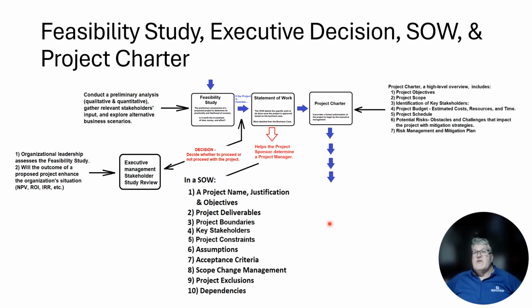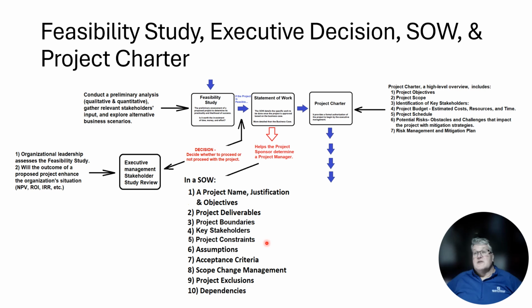So a service provider can provide a number of things, and they might want to say, oh, well, we can do this, but we can offer you more. That would be something to consider, and it might be something to say, no, we don't need that in the project. You identify the key stakeholders, the project constraints.